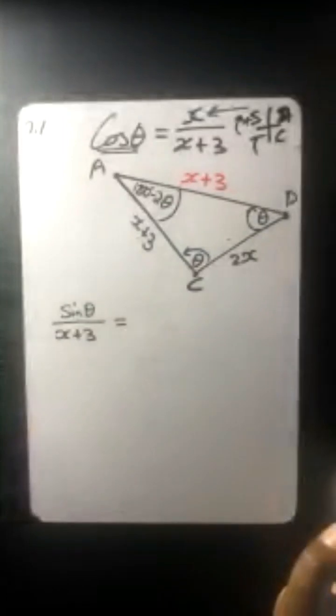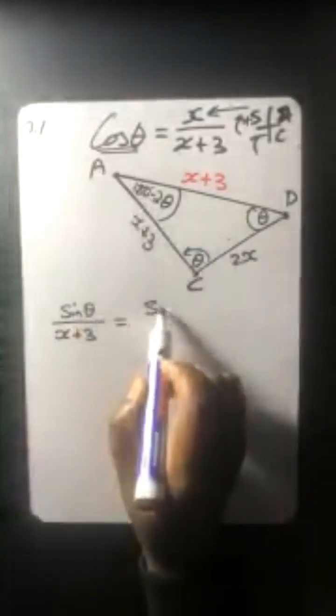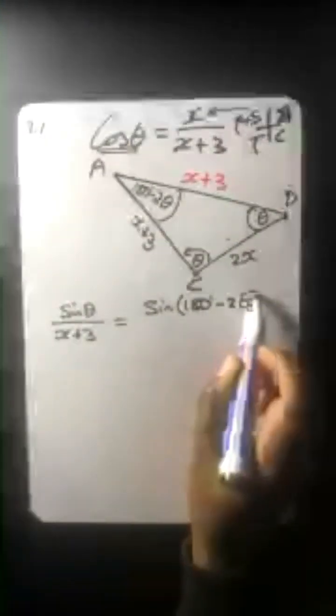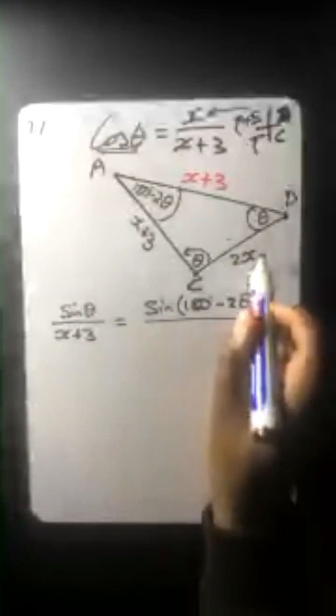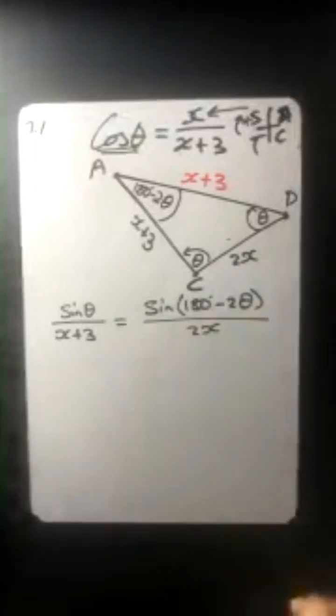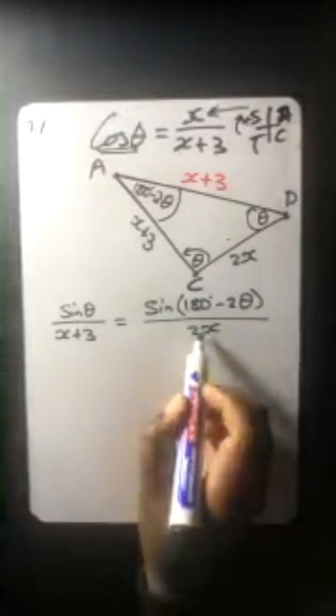This is equal to, then I was saying sine of that angle there being sine of 180 degrees minus 2 angle over that one being 2x. I've applied the sine rule. Now I just need to work it out.